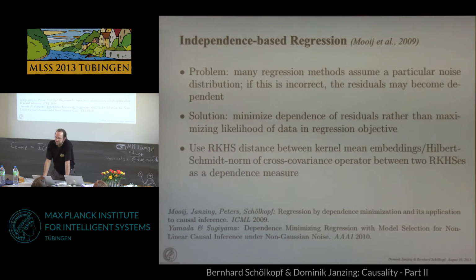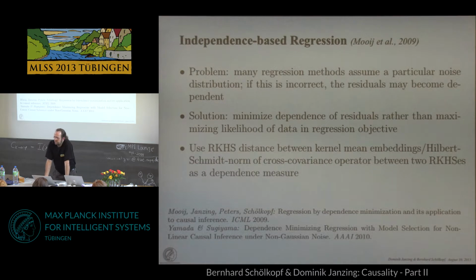So normal regression might not be the best method to do this, and we did some work on developing a regression method that doesn't minimize squared error, for instance, but that minimizes dependence of the residuals. That's of course a more complicated regression method. You need some independence measure that you minimize.